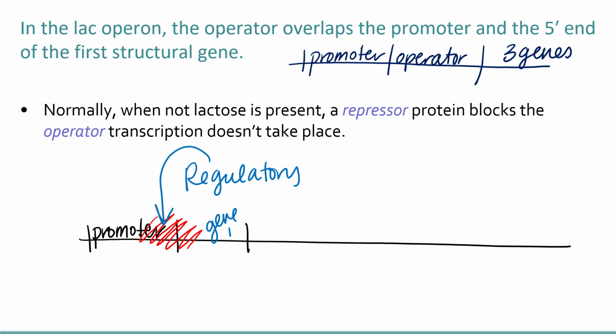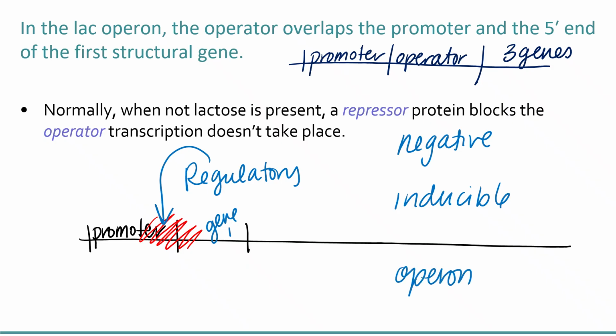So if there's no lactose present, the cell is happily chugging along using its glucose. The lac operon has a repressor bound to the operator. So the lac operon is a negative inducible operon.